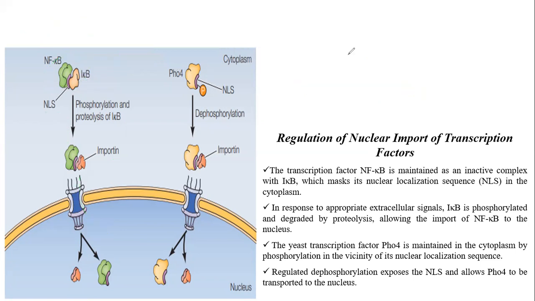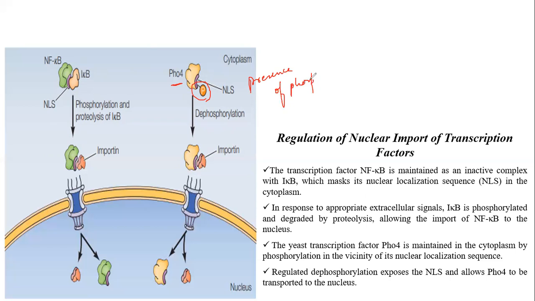Now coming to the next one. Here we have another protein called Pho4, which is actually a yeast transcription factor. What do we see here? You have the NLS, which is also having phosphorylation. Because of the presence of the phosphate group, the importin protein cannot bind to it, right?